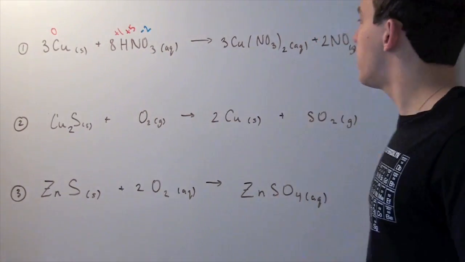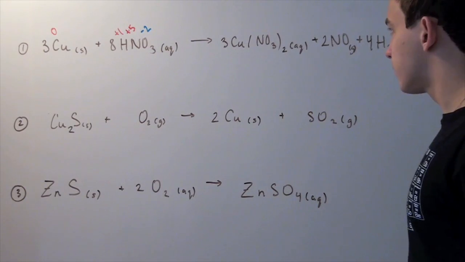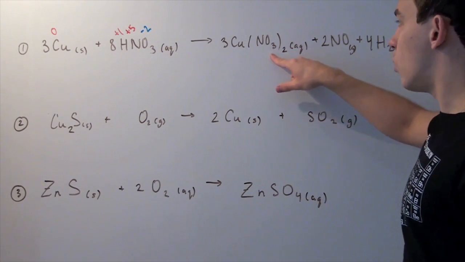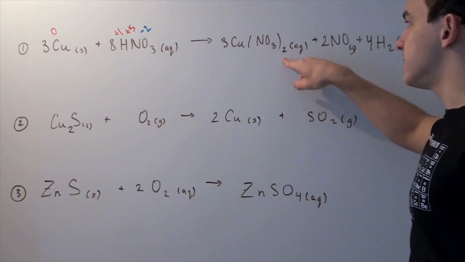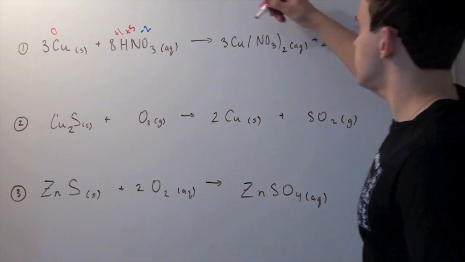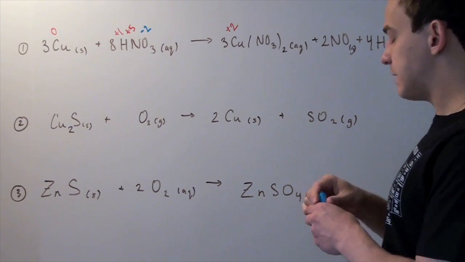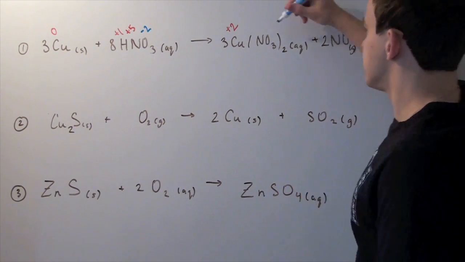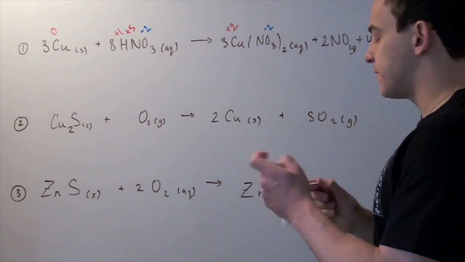So our NO3 is -1, times 2 such groups. This whole thing means it's -2. So our copper must be +2. Now that means our oxygen is -2, and our N must be +5.